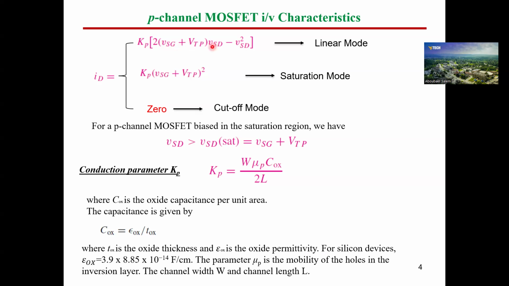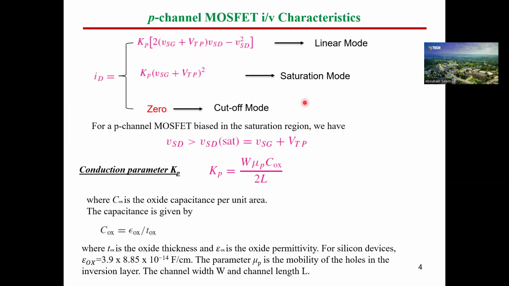And here is also VSD instead of VDS. So we have also two modes, linear mode and saturation mode, and these are the modes that we are going to work with. And you know that the cutoff mode is the zero current mode, and this will happen if VSG is less than VTP.